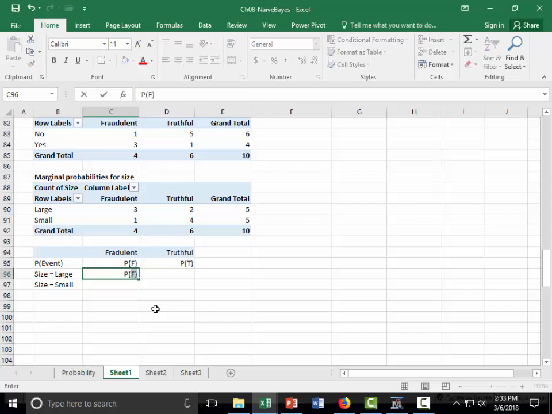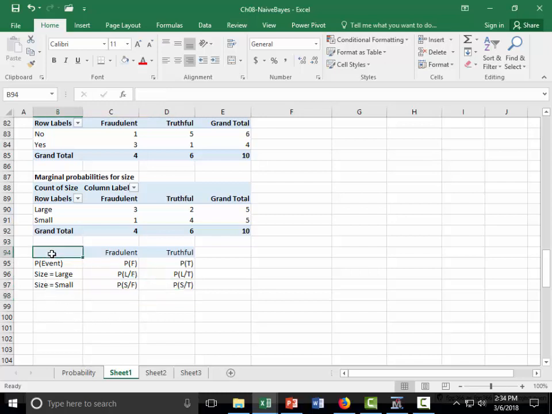So we will need probability of L given F and probability of L given T. And then probability of S given F and probability of S given T.